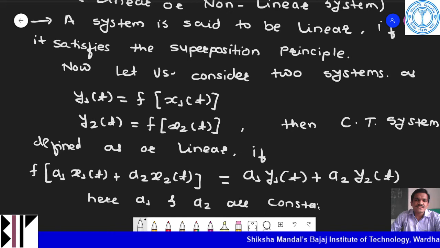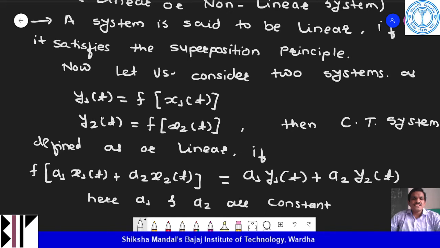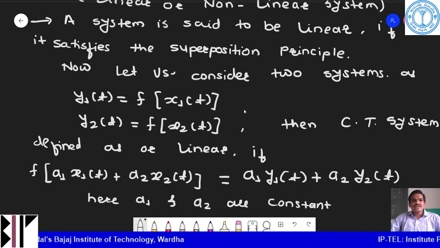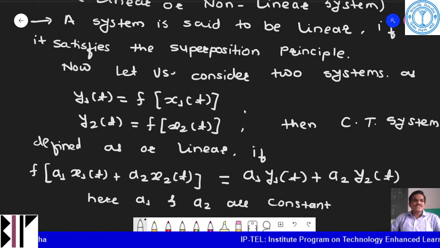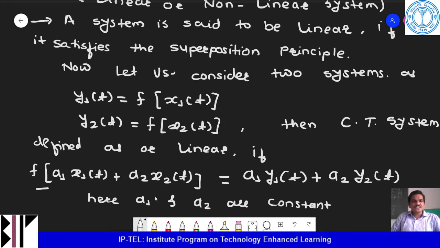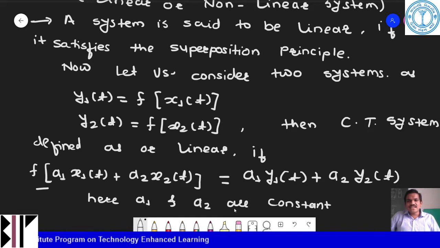Okay, so we have two systems, that is y1 of t and y2 of t. Then our continuous time system is linear if and only if the function of a1 x1 of t plus a2 x2 of t is equal to a1 y1 of t plus a2 y2 of t.